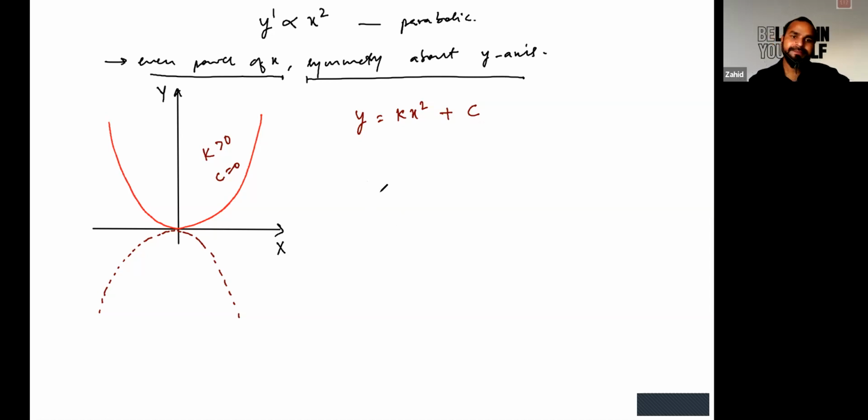The next part is if you have x squared as well as y squared both. So what will we do? We have two different expressions regarding this. The first expression is x squared over a squared plus y squared over b squared is equal to 1.